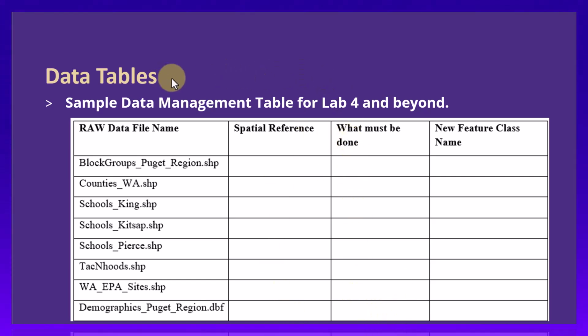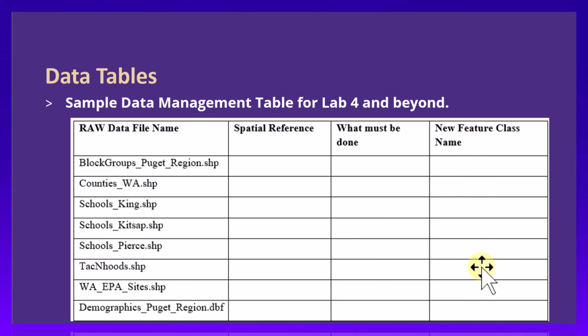For example, if we're using State Plane South, based on the spatial reference of the data, write in digitally, or with a pencil if it's paper, what must be done to the data to get it into the proper coordinate system. And then what is the new feature class name?